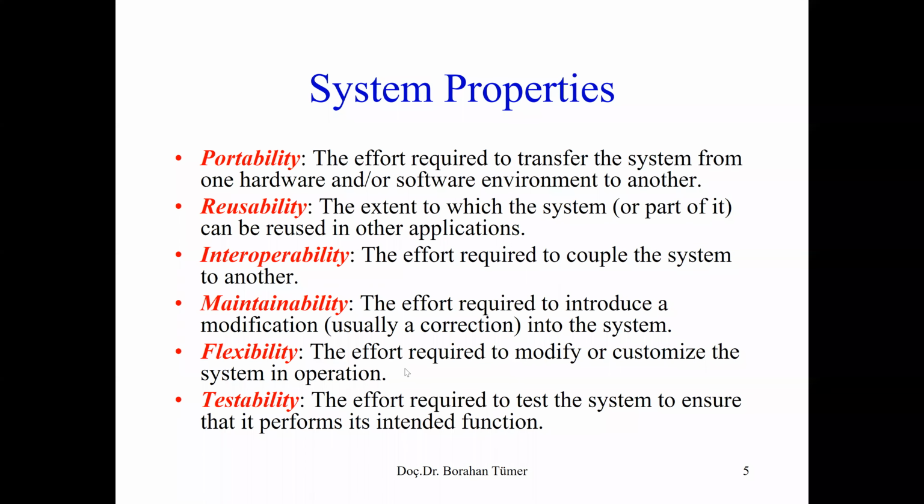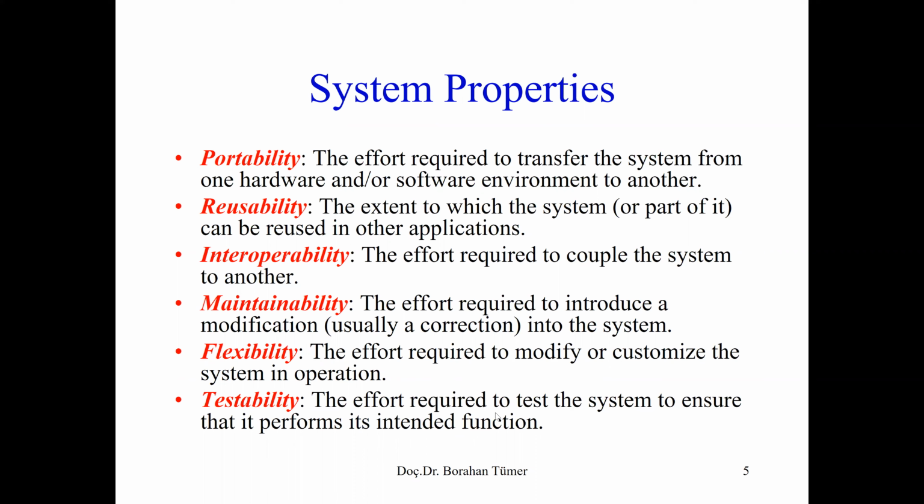Flexibility is another one that is related to the ability to undergo changes. It is the effort required to modify or customize the system in operation. And testability is another system property that is also associated with the adaptability of the software product to undergo change.